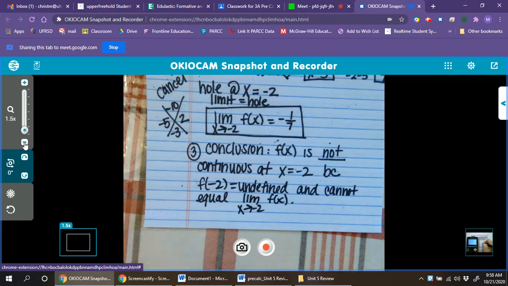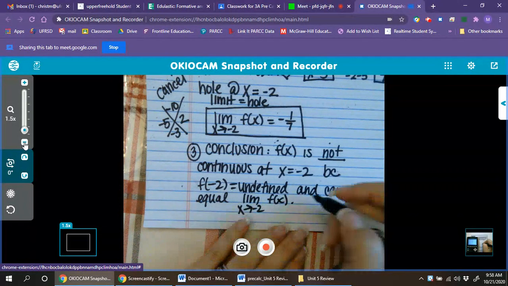So Dante, how do you classify a function that has a hole in it? I don't know, is it jump or whatever? No. Or removable? Removable.